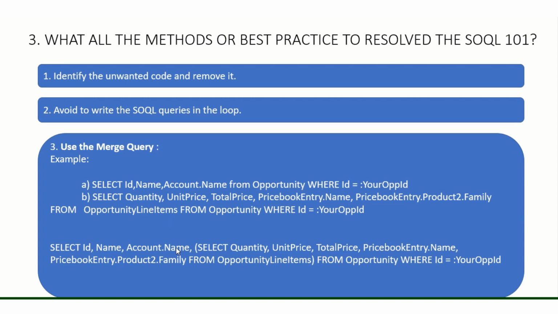We have to use a merged query like this. Select Id, opportunity, and here opportunity line item. So we will get a nested result, and we need to use a double for loop to extract the data. But somehow we are able to reduce the count of SOQL. This is the best use to reduce the SOQL query count.